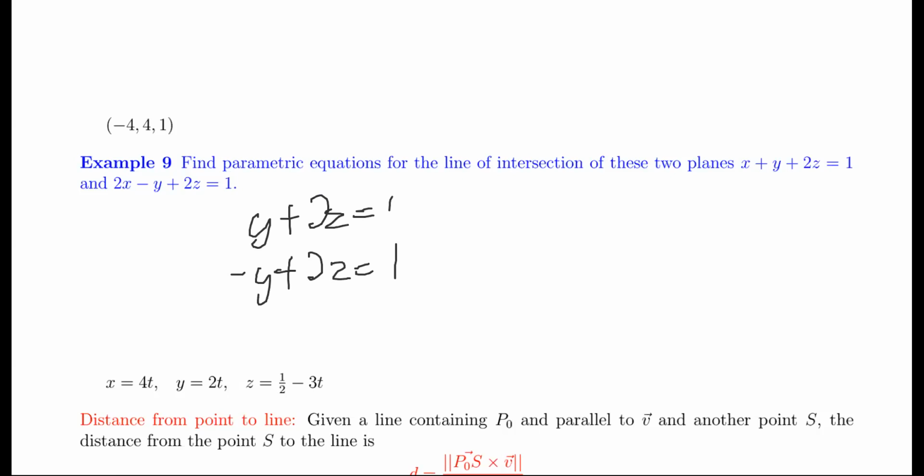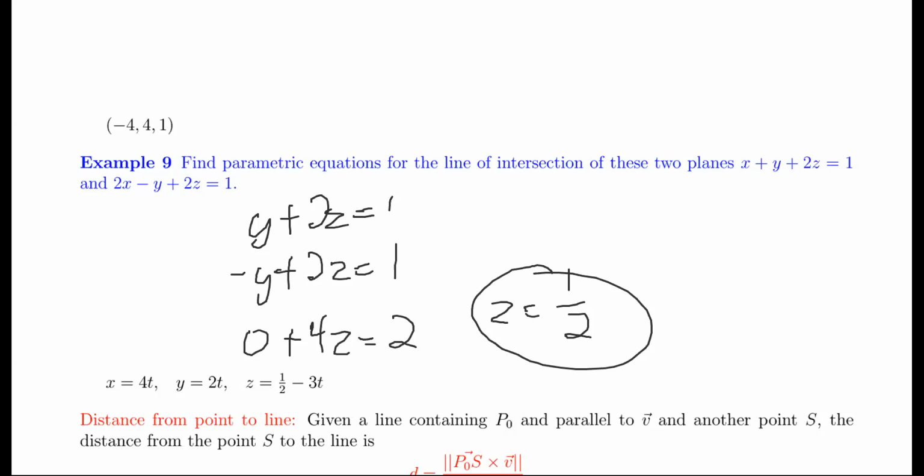All right. Then we can try to solve for these two values. We can just add these two equations. We get 0y plus 4z is equal to 2, or in other words, z is equal to 1/2. Then we can plug that into this first equation. x was 0, z was 1/2.